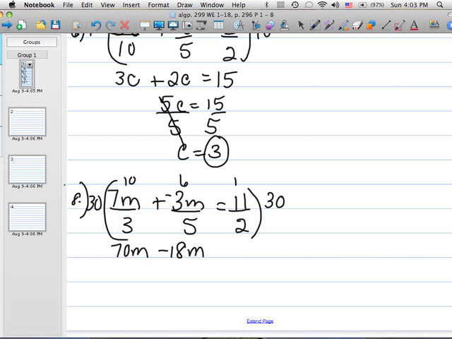And 2 goes into 30 fifteen times, and 15 times 11 is 165. 70m minus 18m is 52m equals 165. Divide both sides by 52.